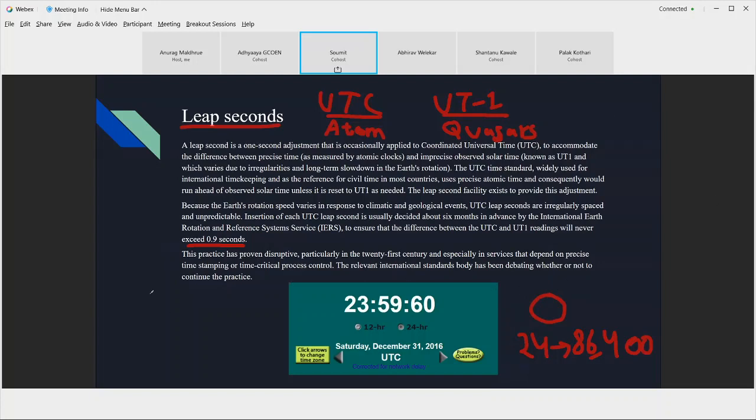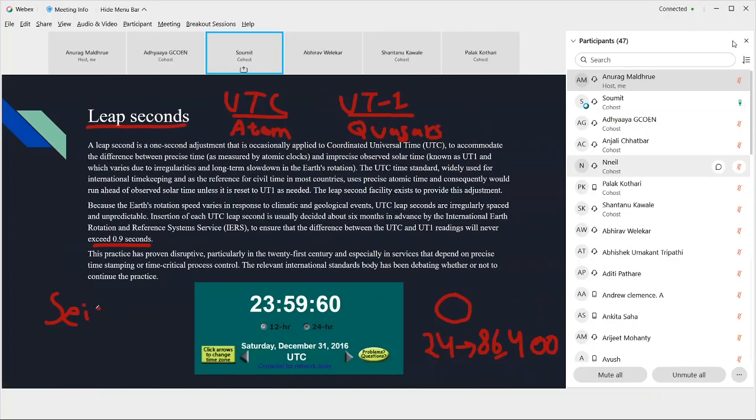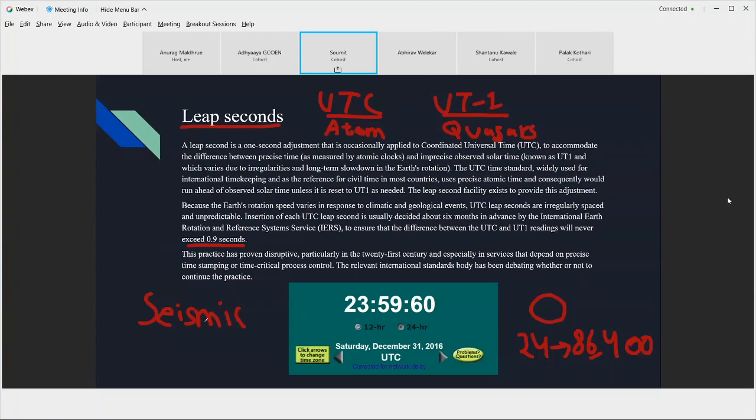One of the main reasons is seismic activity, that is earthquakes, plate tectonics and so on. And one of the biggest reasons is actually man-made. How exactly is it man-made? Humans have started building gigantic structures in the last century or so, and this changes the speed of rotation.